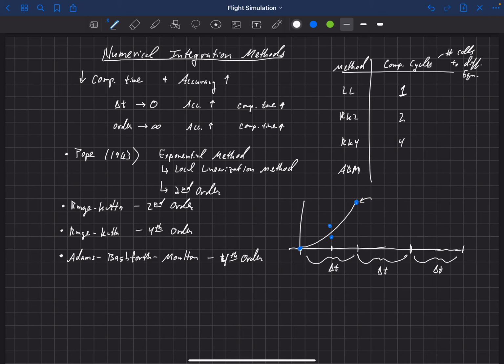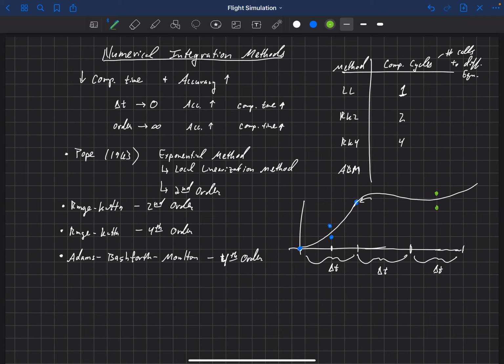Okay, so what happens is we're trying to approximate this function, as a function of time, by knowing the derivative at certain locations along that function. And so what the ABM method does is, let's look at this last point here. It actually only needs to make 2 calls, and I'm not exactly sure where in the time step those are called, but we'll just put in 2 dots right here.